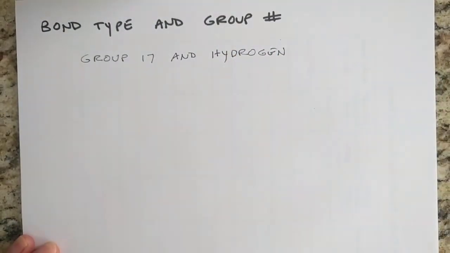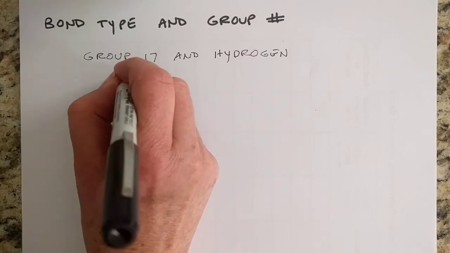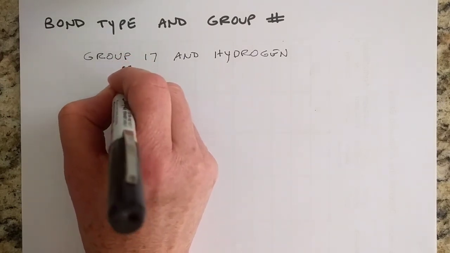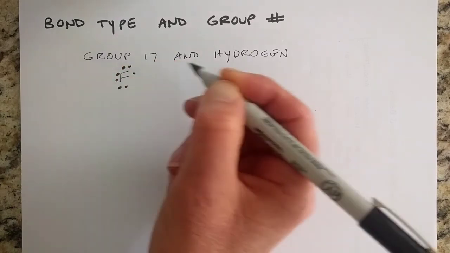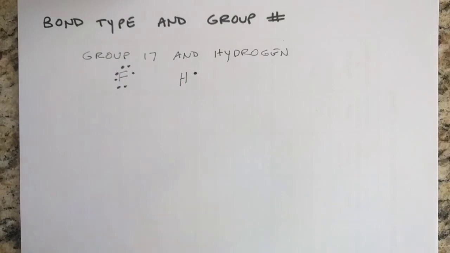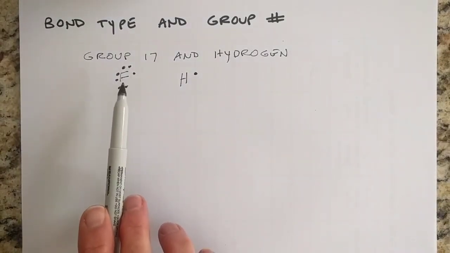So group 17, the next to the last group on the periodic table, they are the halogens. So for group 17, they have 7 valence electrons. So if we look at fluorine, fluorine has 7 valence electrons. It's a halogen. And if we look at hydrogen, hydrogen only has 1 valence electron. So now, fluorine has 7.